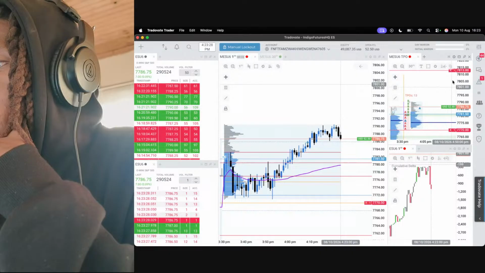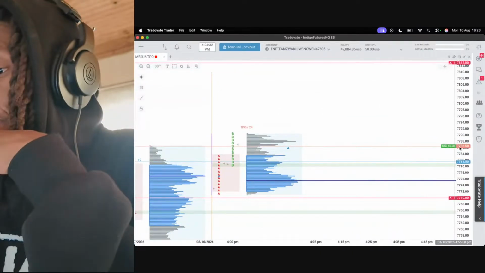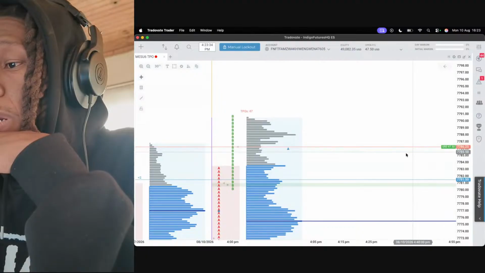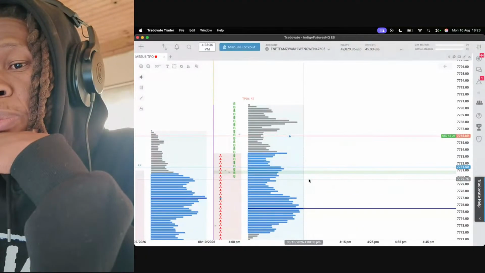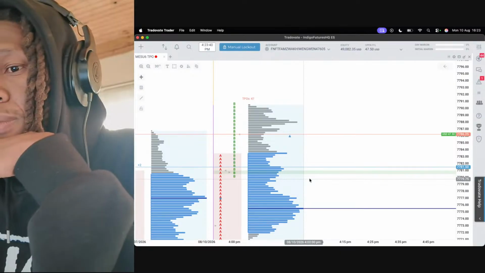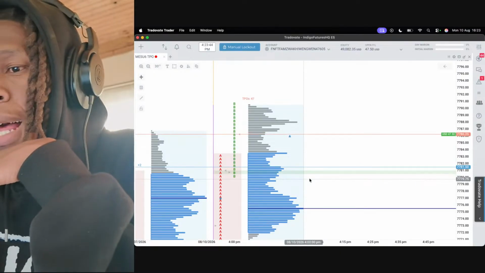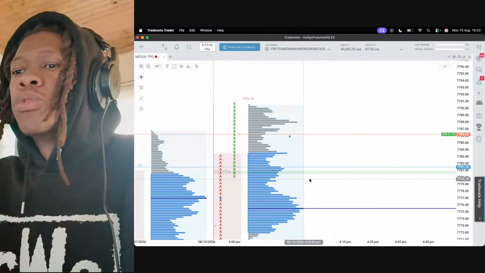If we're looking at the TPOs, you start printing below these Bs, man, the trend is dead. So we will give it room to play out, right?